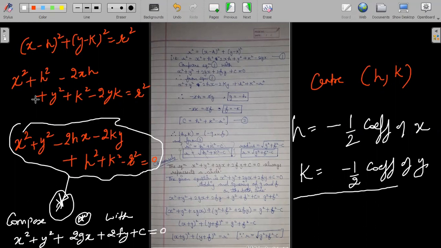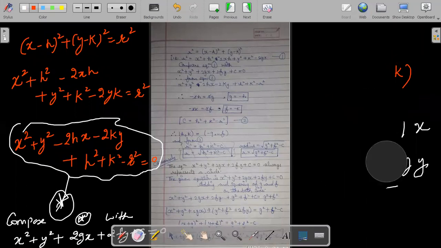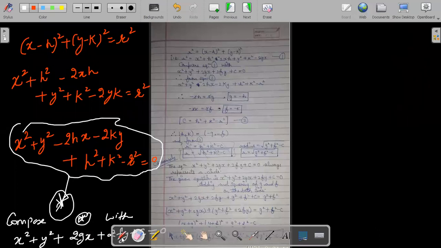This is any equation of second degree. Tell me one thing, you had seen this equation in straight lines also, but what is the difference in this equation? Let me just rub this one.